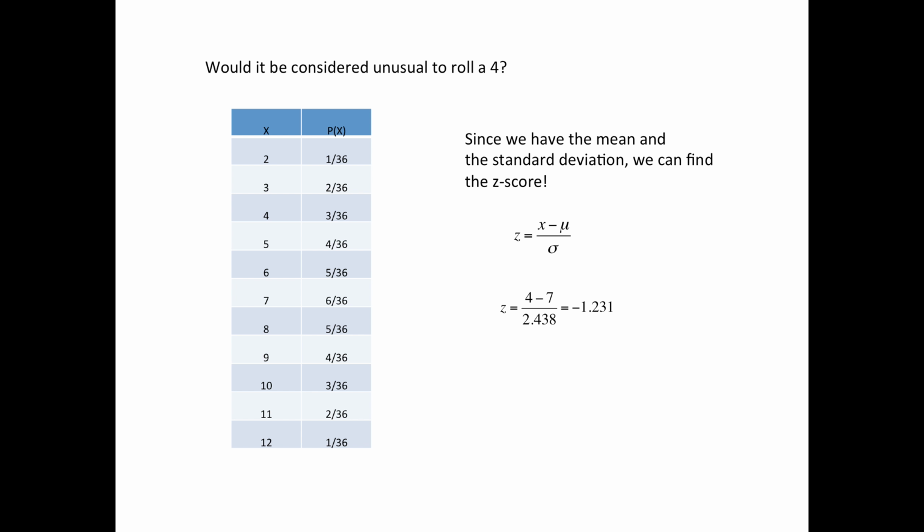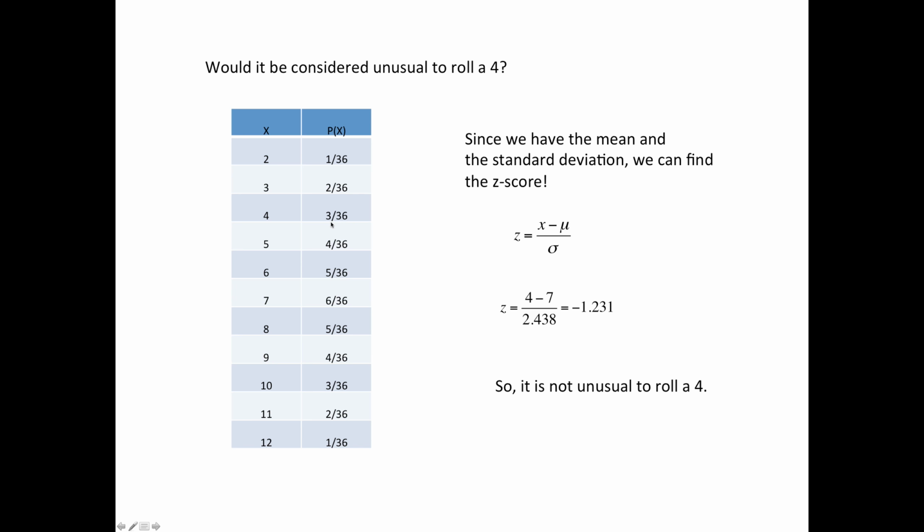And do you remember what the rule is about z? If it's over 2 or below negative 2, then the original score is considered unusual. This negative 1.231 does not go past negative 2.0, so the answer is nope, it's not that unusual.